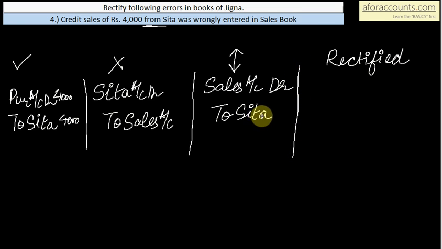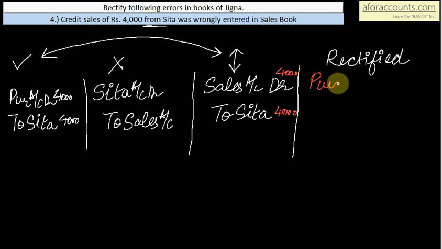So your rectified entry will be, now again compare the right entry with the reverse entry and cancel whatever you can. The amounts of opposite sides and equal amount should be cancelled. Sita account here is in credit but not in debit. Purchase account here in debit but not in credit. So nothing can be cancelled. So ultimately purchase account debit $4,000.